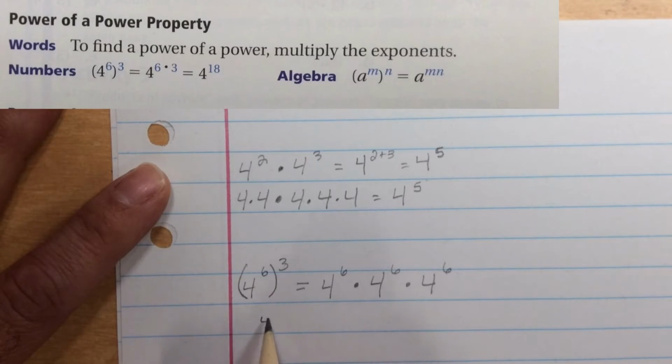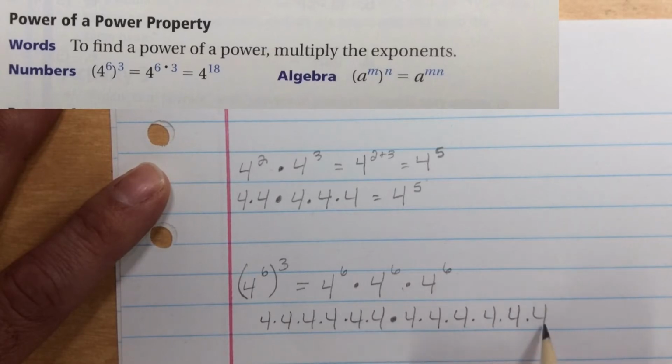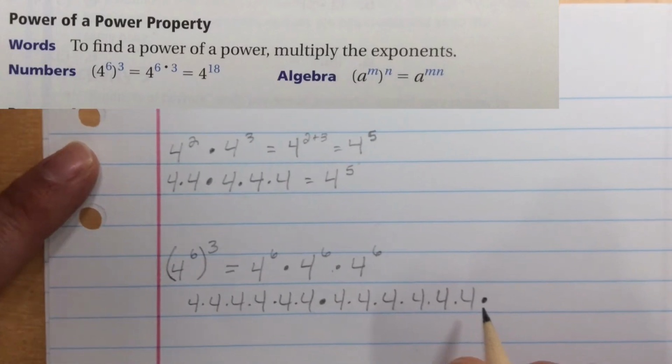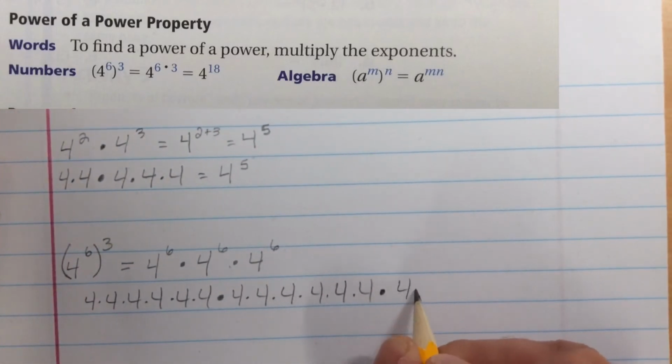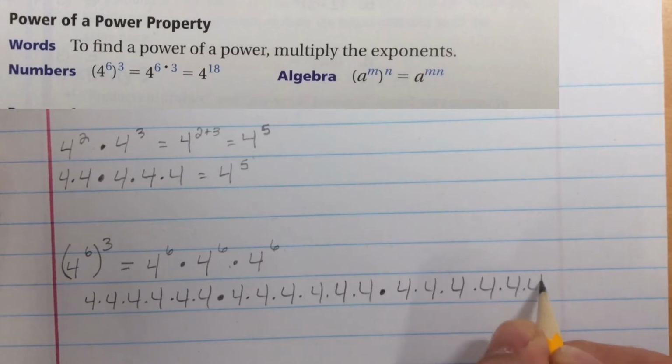4 to the sixth power is 4 times 4 times 4 times 4 times 4 times 4, 6 of those, times, and I'll put a big times in there, it really means the same thing, 4 times 4 times 4 times 4 times 4 times 4, so that's for the second 4 to the sixth power, and then finally, for the third one, 4 times 4 times 4 times 4 times 4 times 4.